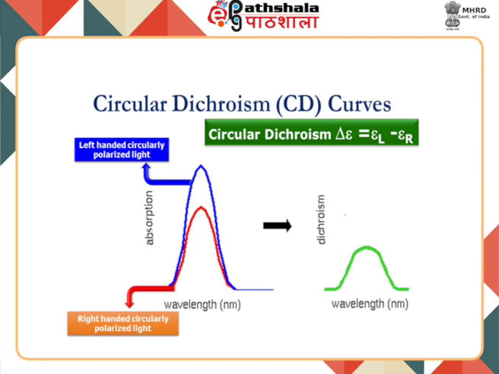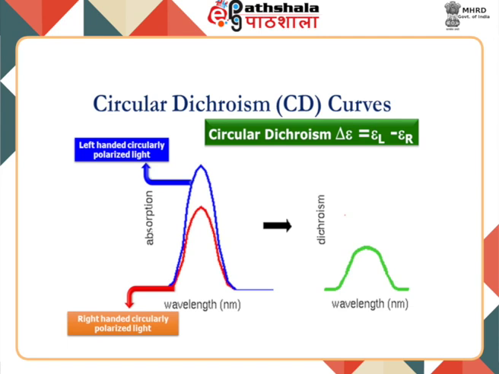All optically active compounds exhibit CD in the region of the appropriate absorption band. CD is plotted as epsilon L minus epsilon R versus lambda.